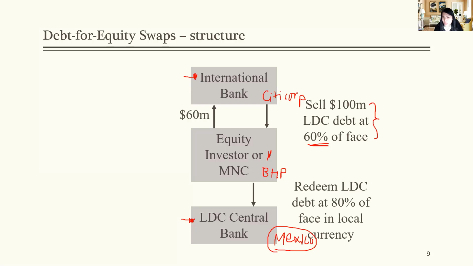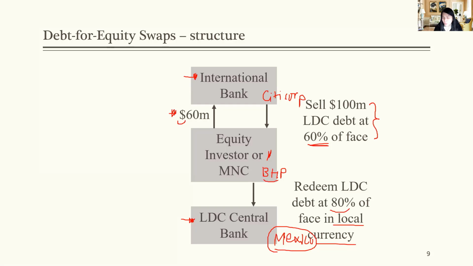So what this multinational company does is that it's going to bring the debt ownership to the debtor country and redeem it at 80%, but in the local currency, right? So here, the company will pay the bank in USD, which is the original currency.